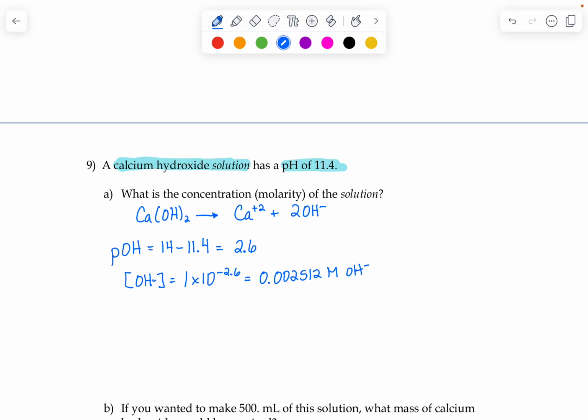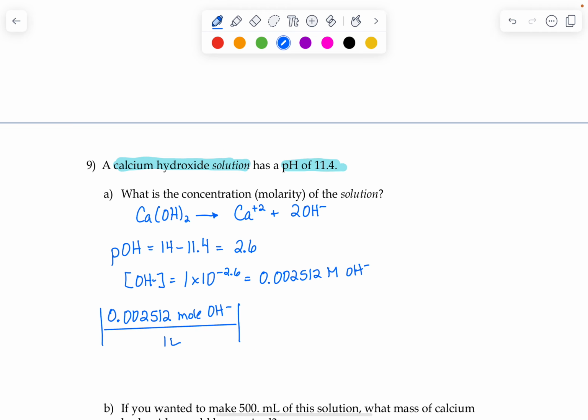So this is the molarity of the ion, but this wanted the molarity of the whole chemical. So I'm close, right? That molarity of 0.002512, capital M stands for moles of hydroxide per liter.